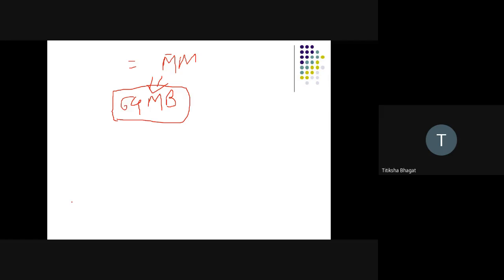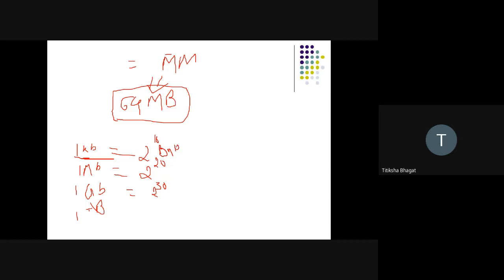You can note down four things in short: 1 KB, 1 MB, 1 GB, and 1 TB. 1 KB is nothing but 2 raised to power 10. 1 MB is 2 raised to power 20. 1 GB is 2 raised to power 30. So if my memory size is 1 KB, this means 2 raised to power 10 bytes.